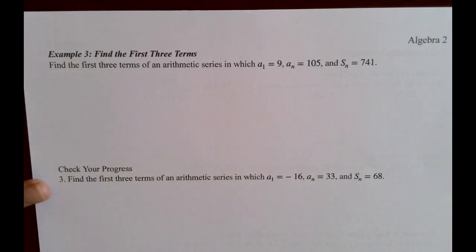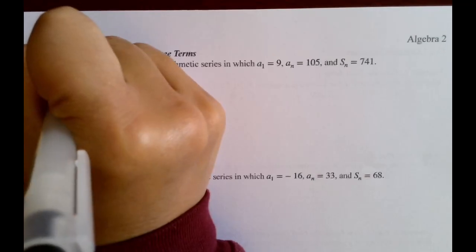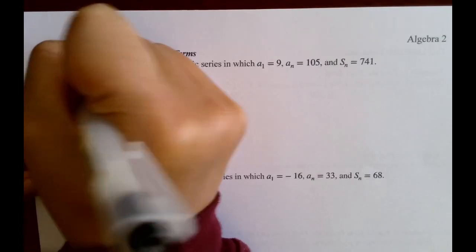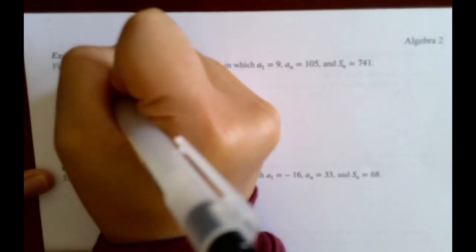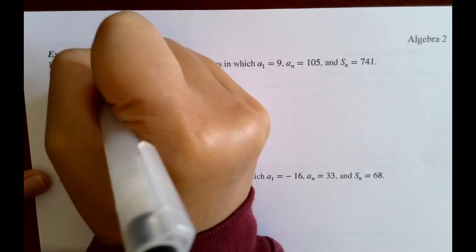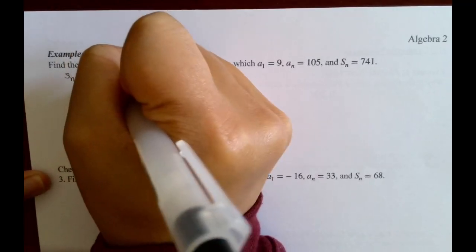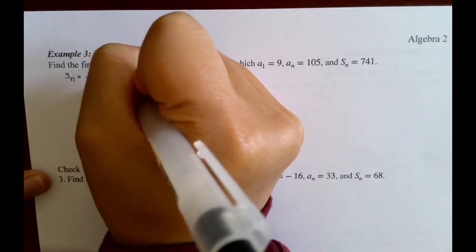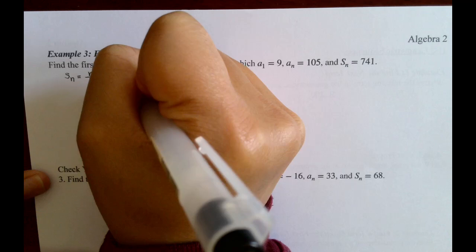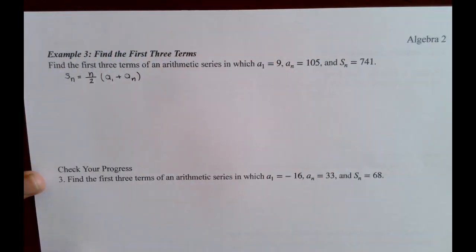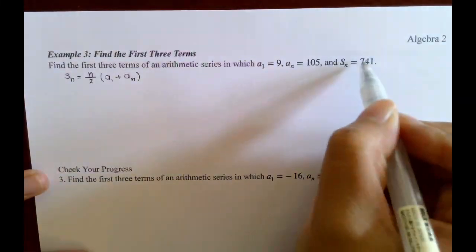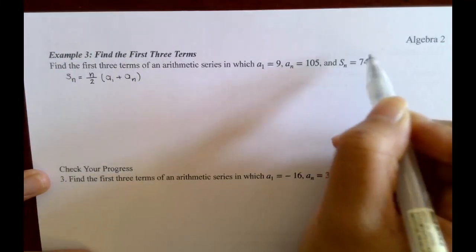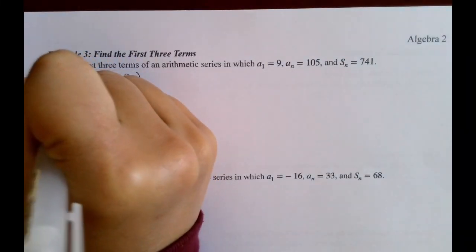Here I'm going to use this formula where the sum is the number of terms divided by 2, times the first term plus the last term. I know the sum of all of the terms is 741, so I'm going to plug it in.